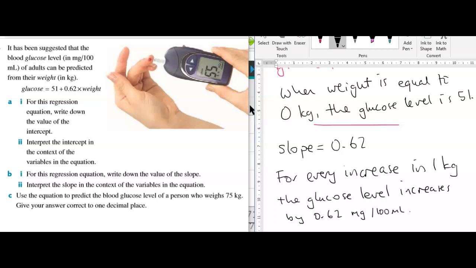You can see the phrasing is pretty much the same. We're just changing it to suit what the variables are.